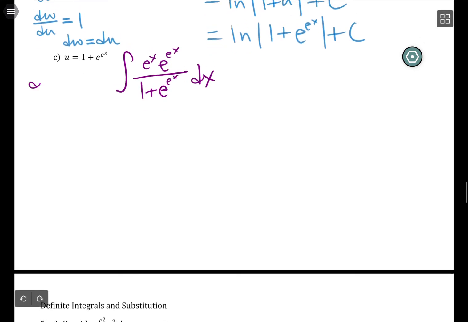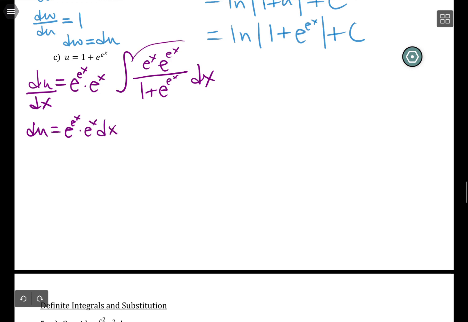So now my du dx, the derivative of my u with respect to its variable x, the derivative of 1 is 0, so actually it's the same as last time. E to a function's derivative is e to that function multiplied by the derivative of that function. So once again, e to the x times e to the x dx.